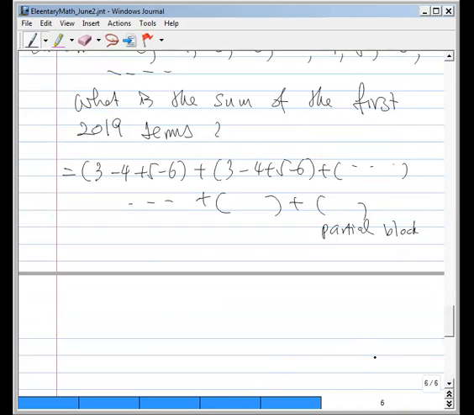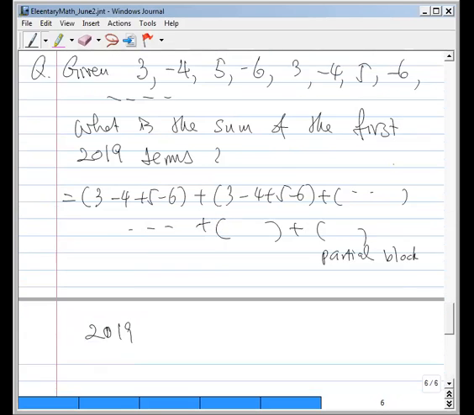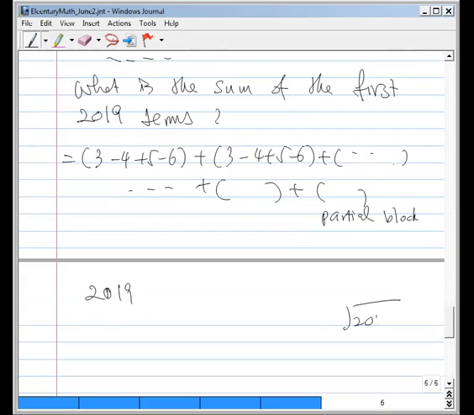So you have to determine how many blocks there are. That means 2019, divide by 4 this time. 2019 divided by 4, and the remainder is 3.